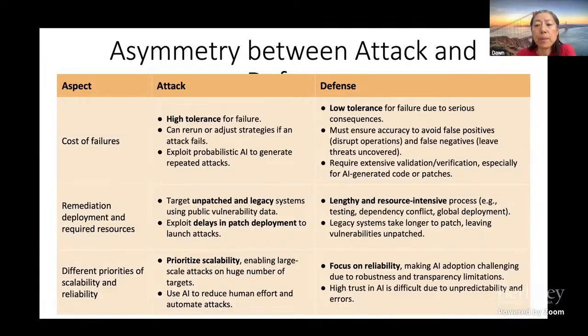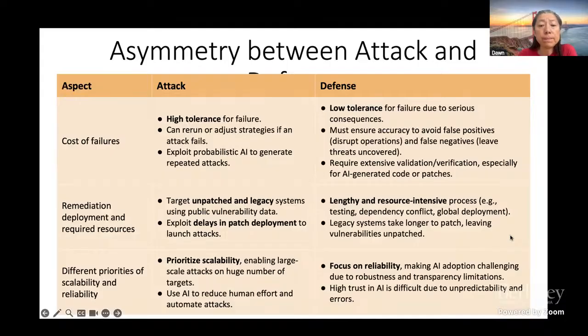Our paper also goes into more detailed analysis and demonstrates other types of asymmetries between attack side and defense side as well. For example, attackers have much higher tolerance for failure, whereas defenders have much lower tolerance for failure.